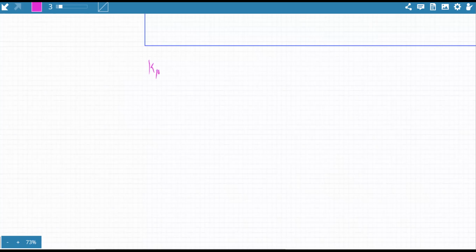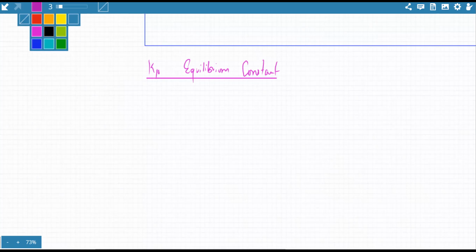Kp is the equilibrium constant related to pressure. The values that you're going to take for Kp are going to be pressure values. What that basically means is that if you have a reaction, and let's pick any reaction, say there is H2 gas.